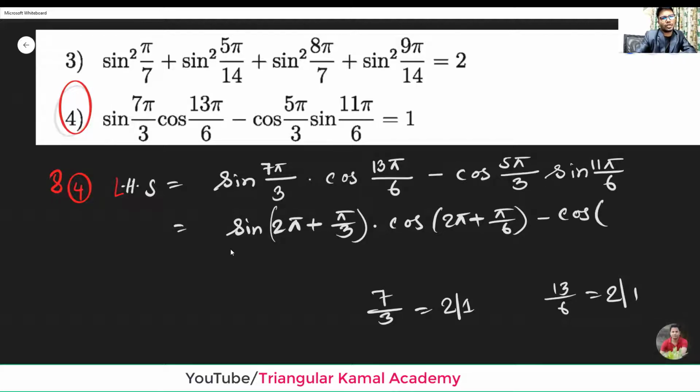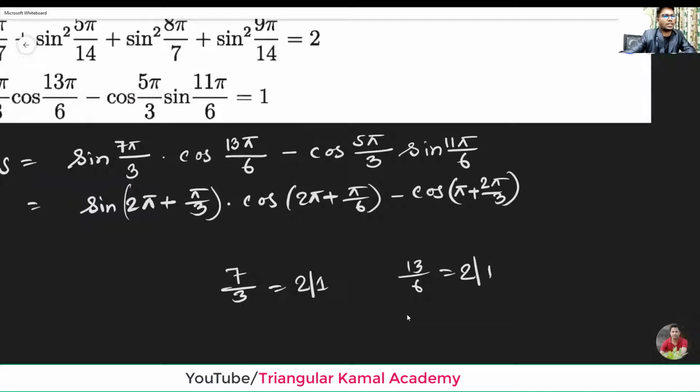So here 2 times pi minus, sorry, plus 2 pi divided by 3, 3 ones are 3 plus 2 pi, 5 pi. I think if we write 2 times, then easily all angles will be the same.